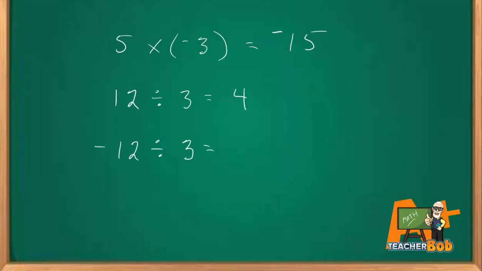So we're going to get a negative 4 for our answer here. Negative 12 divided by 3. That means that each person would get negative $4, or I suppose in this case maybe it's being borrowed, so maybe you owe each person $4. Maybe they're loaning you money.